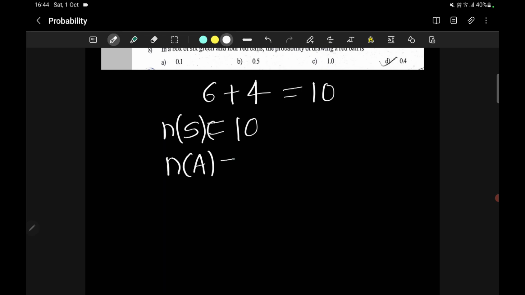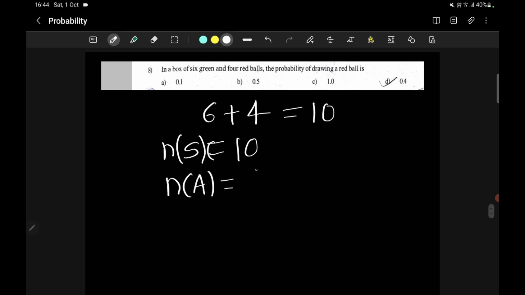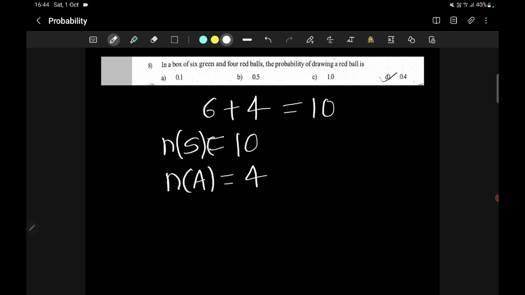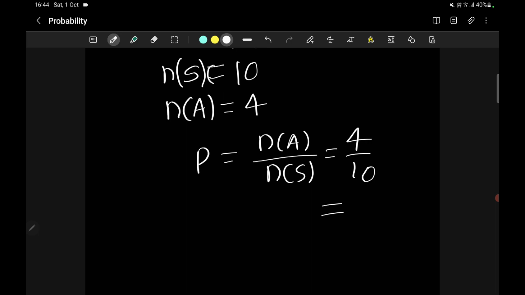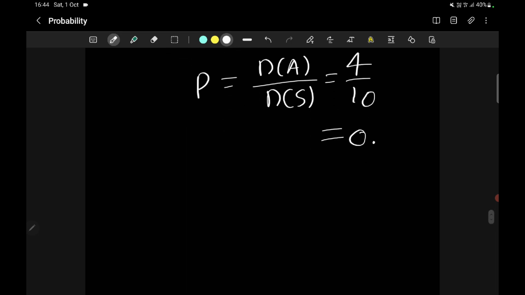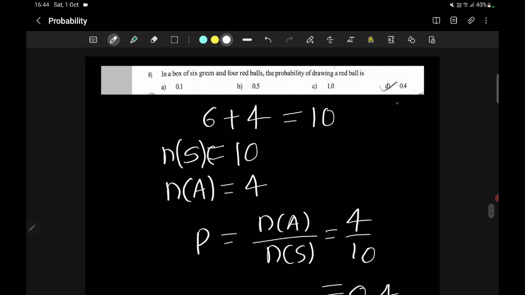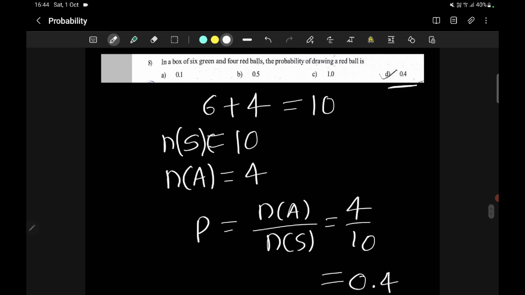Therefore number of events, red balls, is 4. So probability will be number of events divided by number of sample space, that is 4 divided by 10. If you divide 4 by 10, you will get 0.4. So 0.4 is the answer.